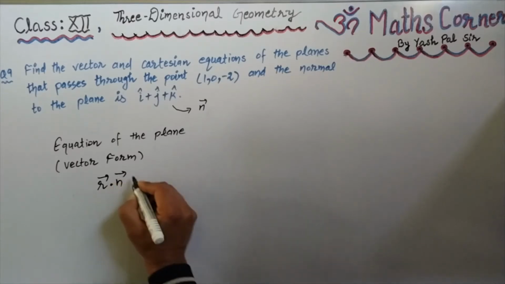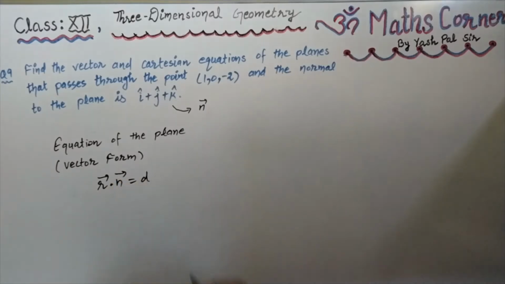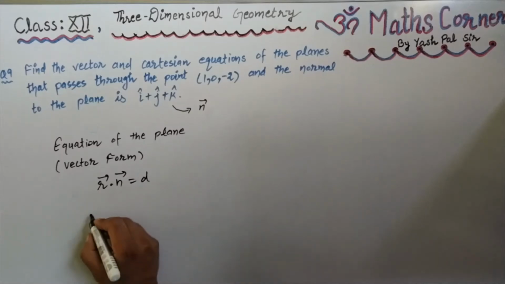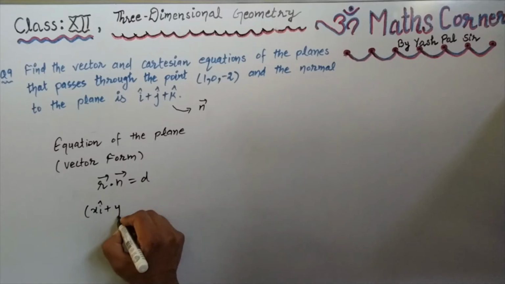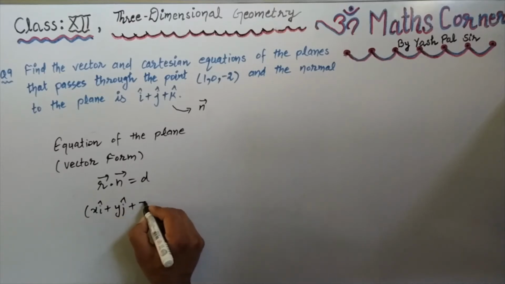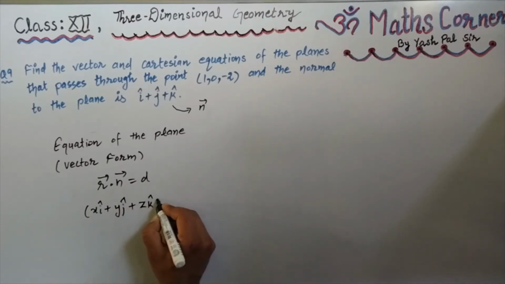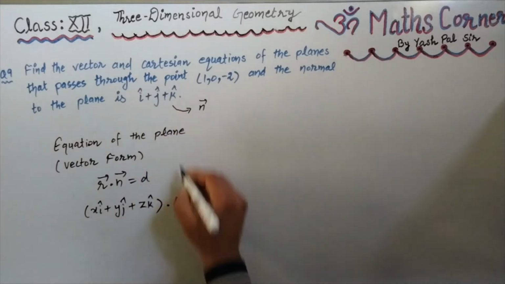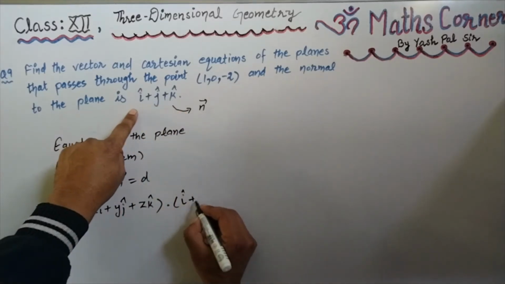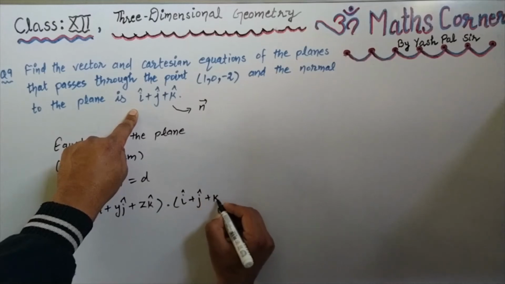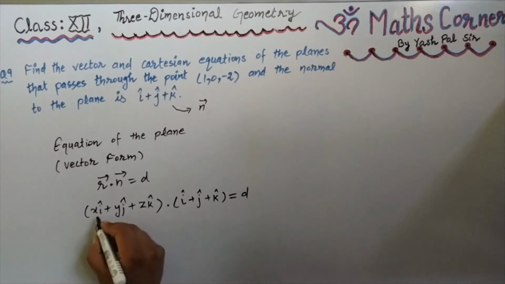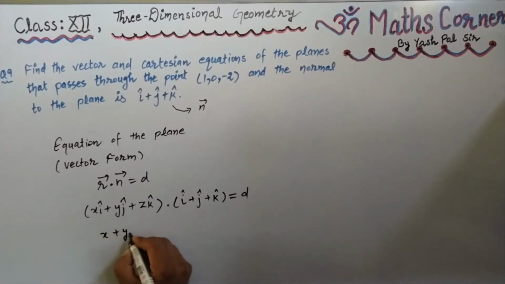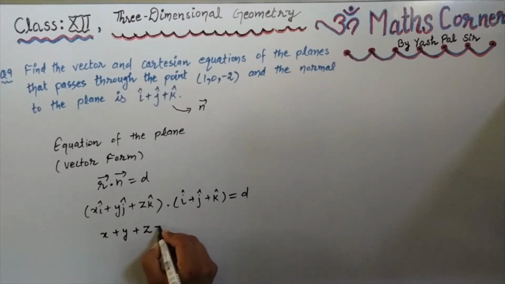First of all, the vector form. The equation of the plane in vector form, we write as vector r dot normal is equal to d. So what is the r vector? The r vector means xi plus yj plus zk, dot the n vector, which is given as i plus j plus k, is equal to d.